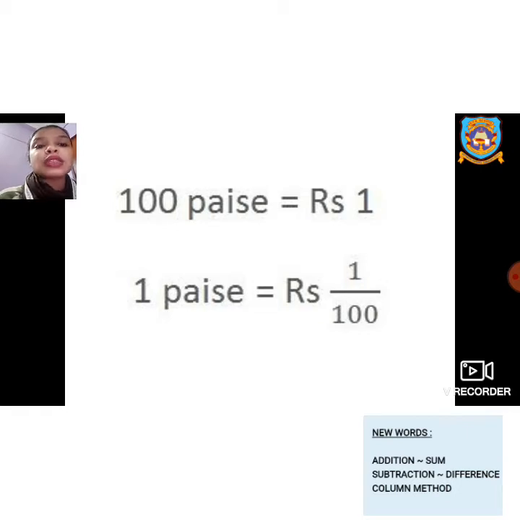That was the former topic before we went to addition and subtraction of money. The relation was used to convert from rupees to paise or paise to rupees. Why are we using this relation? Because it is also useful in calculation of money, so we must remember the relation between rupees and paise.